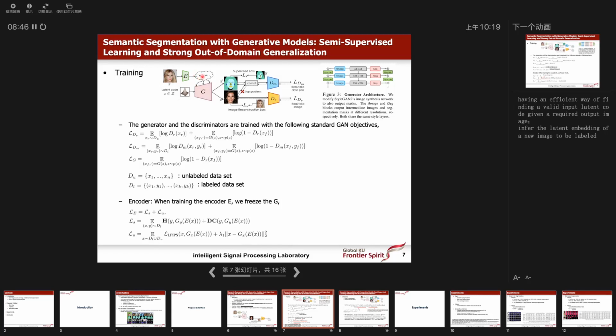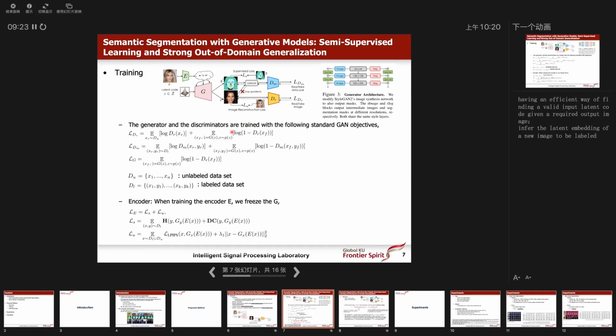Through the encoder, we can extract the features. And the latent noise vector, we send it to a fully connected network so that we can map it into a complex space. And the generator takes the features and the latent code to reconstruct the input image and the corresponding labels.